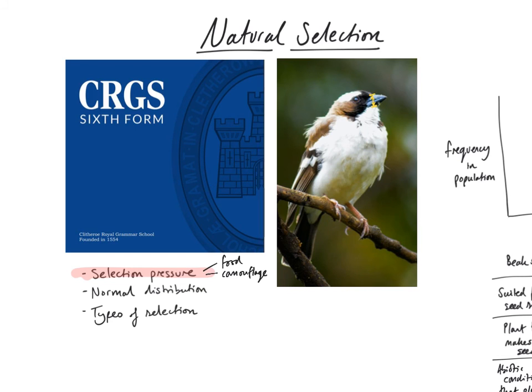I pronounce it camouflage so I don't forget the U. It might also be sex attraction, like a male peacock. Well, a peacock, not a peahen. So it's anything that's picking who's going to survive or die. That's what a pressure is.